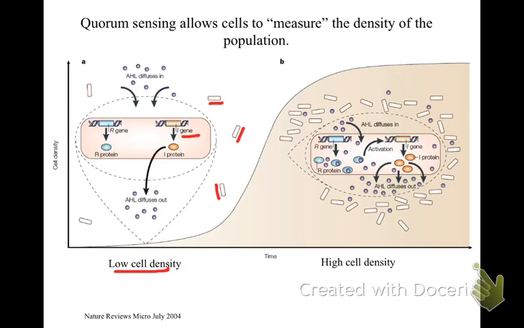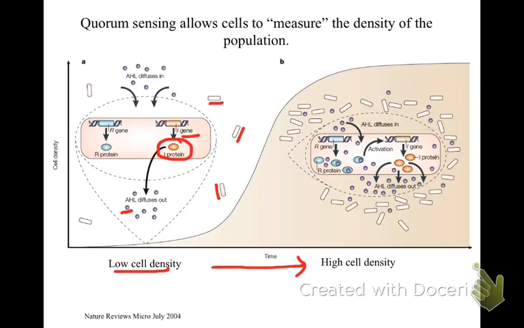For example, it might be LuxI, but in a different organism it will be given a different name. The I gene makes an I protein, and that's the protein that makes the AHL. So it's being produced at all times, but in this case we're at a low cell density, so there isn't a lot of AHL. Now we look at a higher cell density after several hours of incubation, for example.